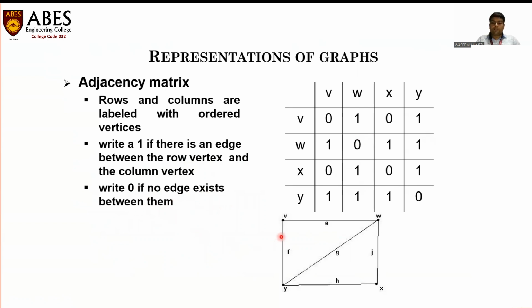So we draw the adjacency matrix representation of the graph. Here for V2 and V, there is no edge, so we write 0. For V2 and W, there is 1 because an edge exists. For V2 and X, there is 0 because there is no edge. For V2 and Y, there is 1 because an edge exists, that is F. Similarly, we will make the remaining matrix for this given graph.